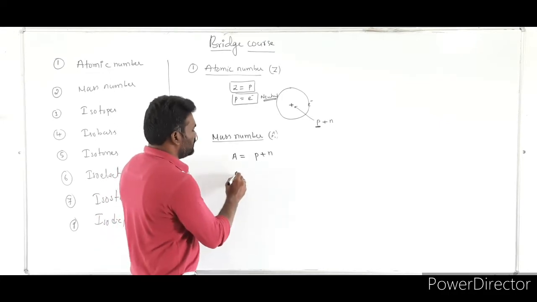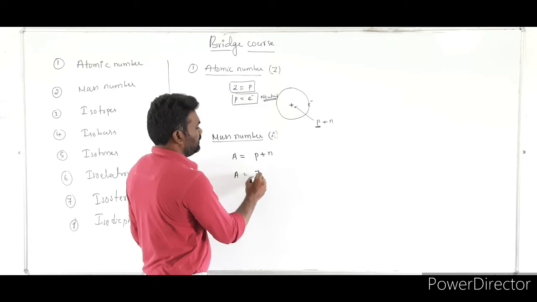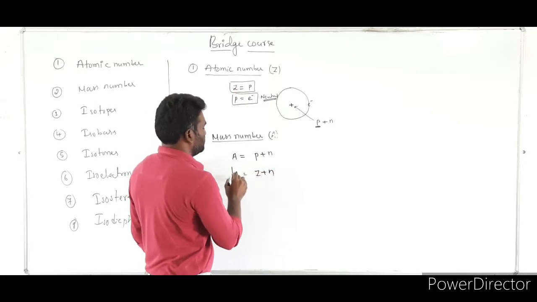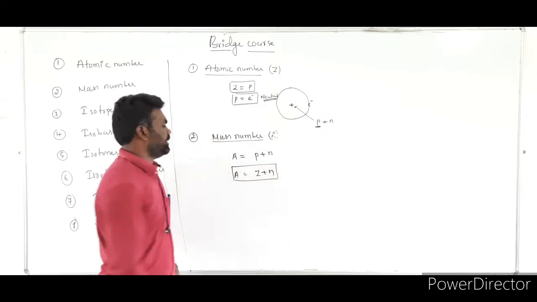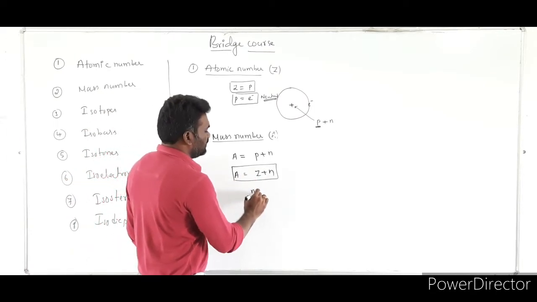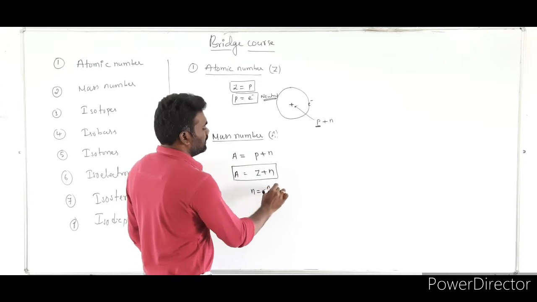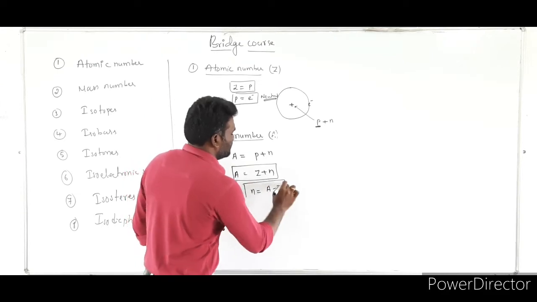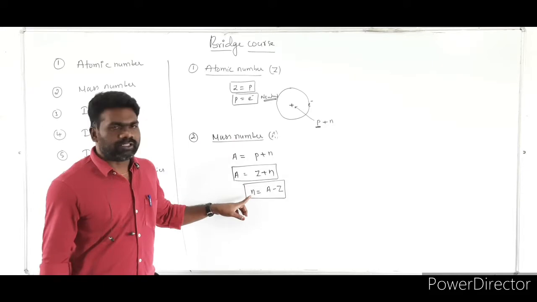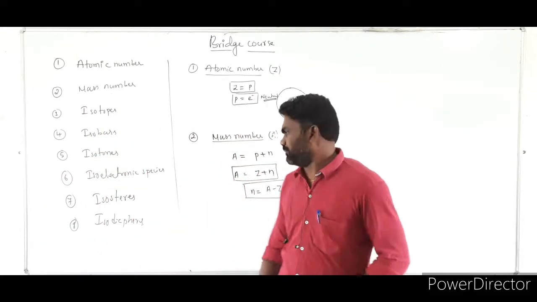So A is equal to Z plus N, where Z is the atomic number. This is an important formula, and from this we can calculate the number of neutrons. Number of neutrons is equal to A minus Z. By using this formula, we can find out how many neutrons are present in any atom.